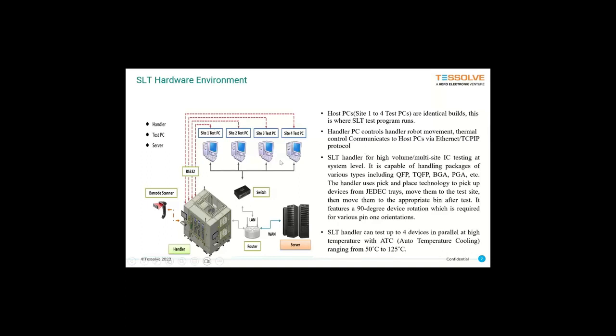We have 4 test pieces, all the tests are run in parallel, and the data is collected, and the chip is passed to the pass bin. Otherwise, the chip itself is pushed to the fail bin. The handler picks the chip and places it in the appropriate position for testing and triggers it.